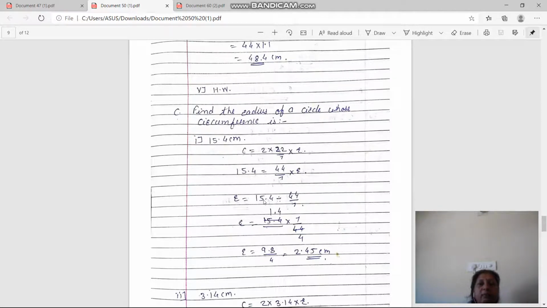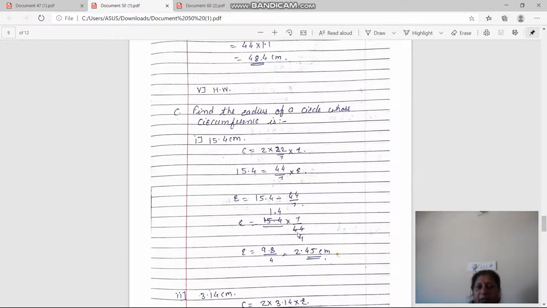So 15.4. Now here 44 upon 7 is multiplied to radius. So if we take it on the opposite side it becomes divided. Okay. So 15.4 divided by 44 upon 7. Now we studied in the fraction chapter, that division means multiplication with the reciprocal, right? So 15.4 multiplied by 7 upon 44.